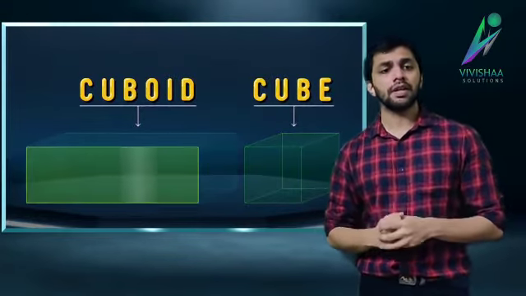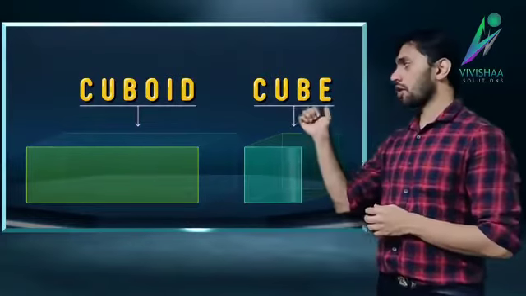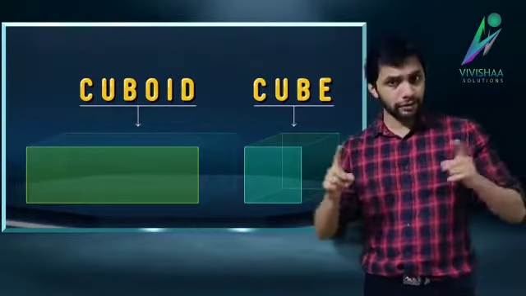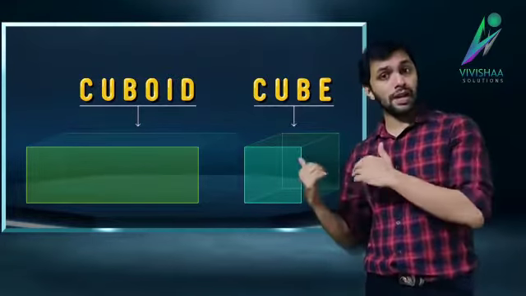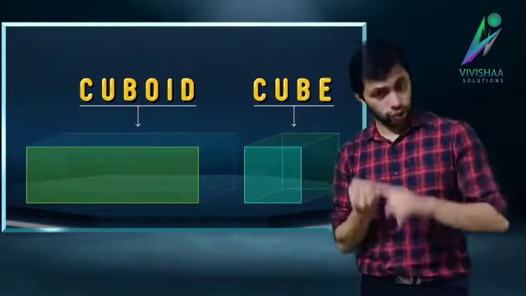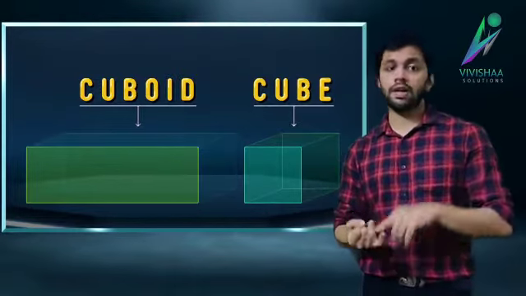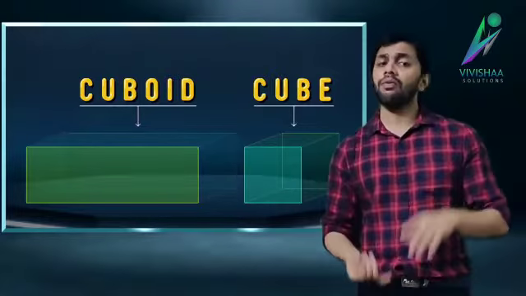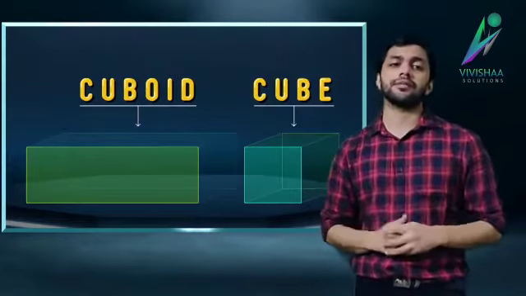The cuboid that we just saw earlier has rectangular faces, while a cube has square faces. That's the major difference between a cuboid and a cube.